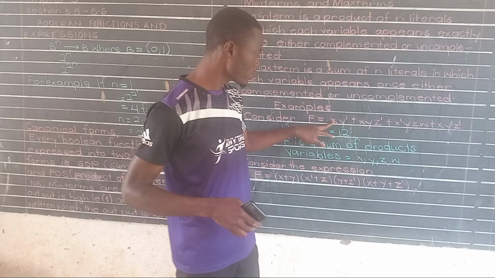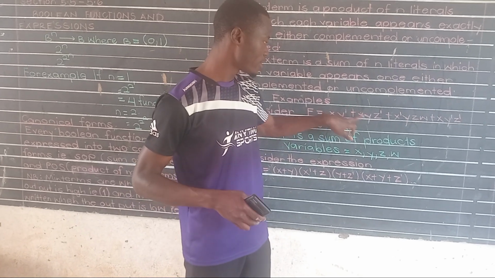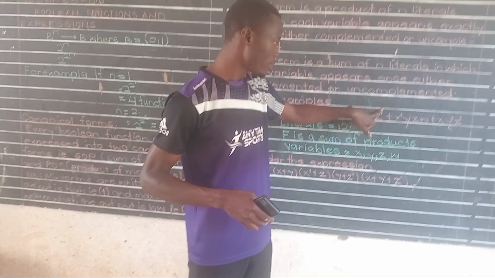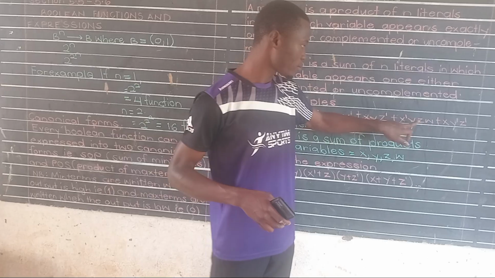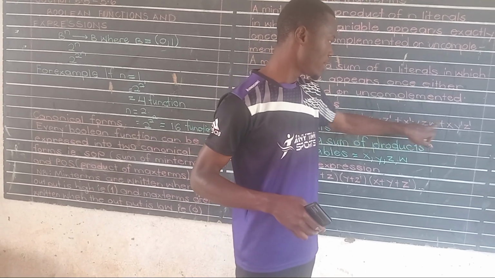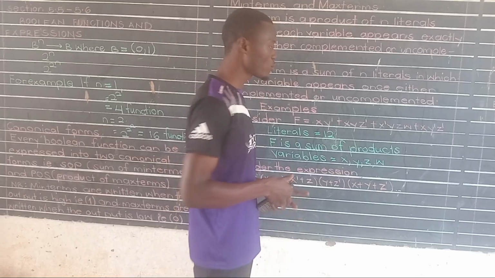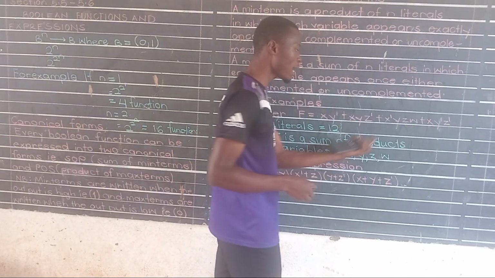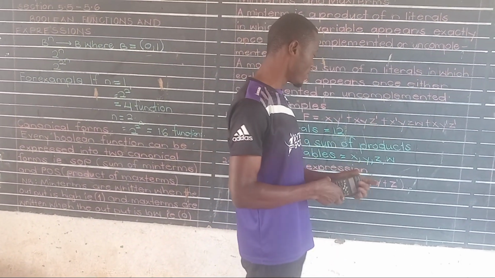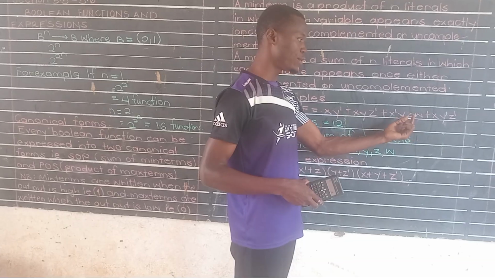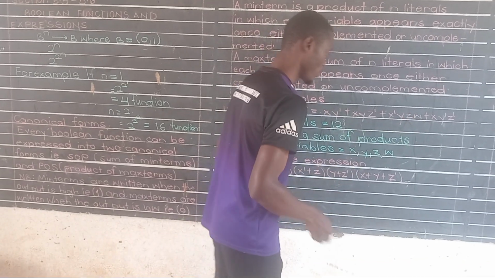Here I have only x and not y. This is x, y, not z. This is not x, y, z, w, implying that this one will be the mean term. So I'm taking this one as the mean term because it has all the variables included: there is x, there is y, there is z, there is w.